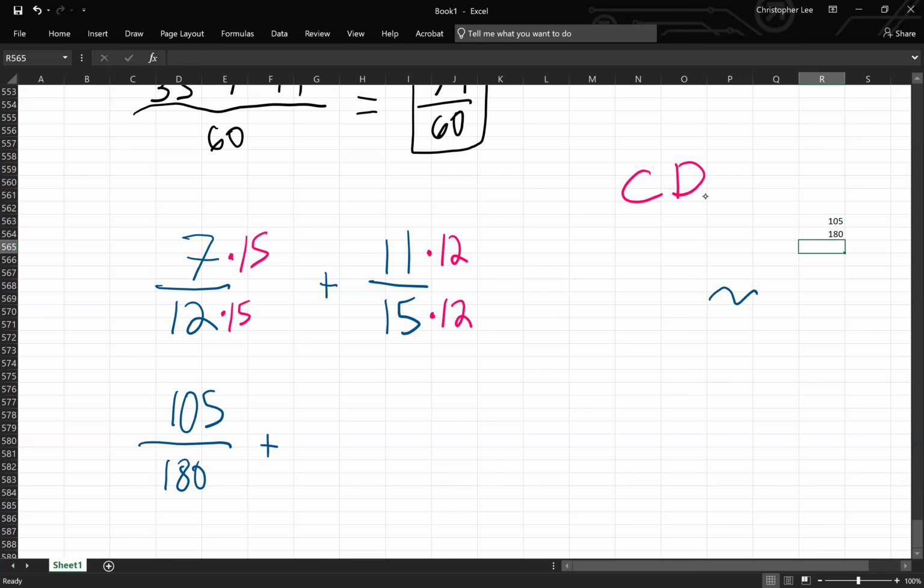Plus, what's 11 times 12? I should know that. It ain't 132, right? No, it's 121? 131? Hold on. Oh, this is bad. This is one of the timetables we should know. 132, yeah. Over the 180. And then we're going to add these together. So what is that? That's like 237, something like that, over 180.